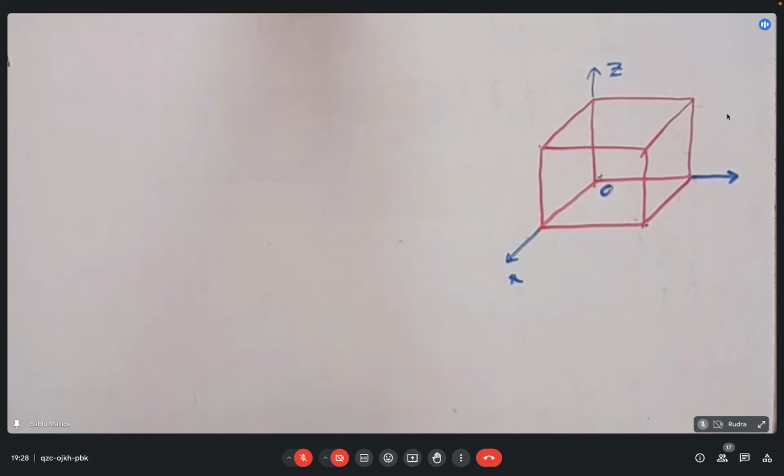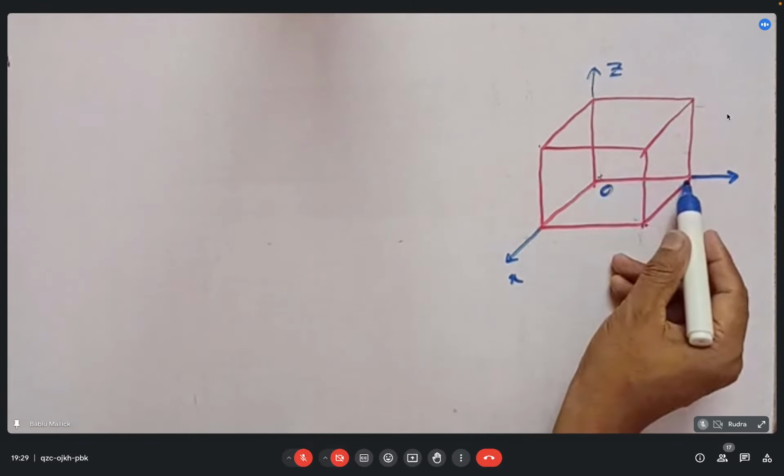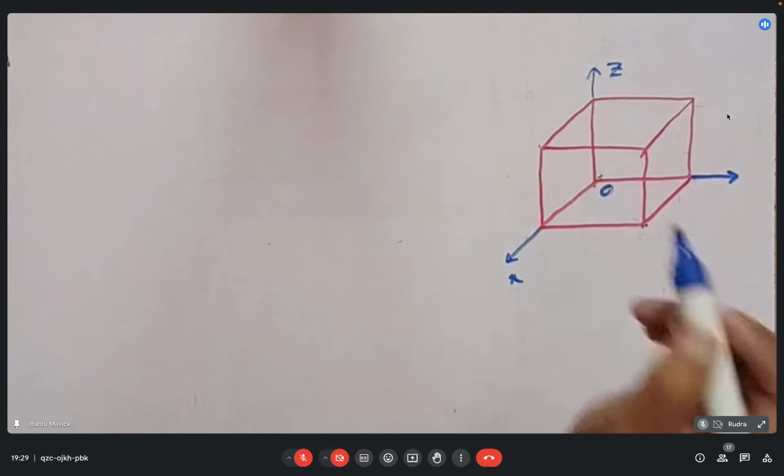So always we shall integrate the height. Here since it is a unit cube, its height is 1, and the base is a square.